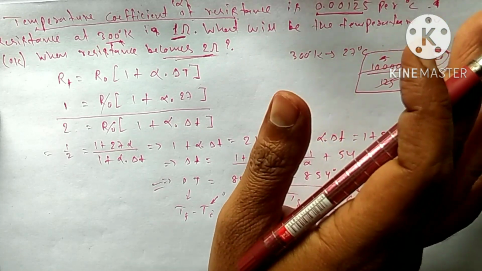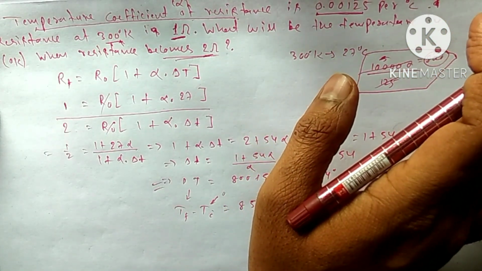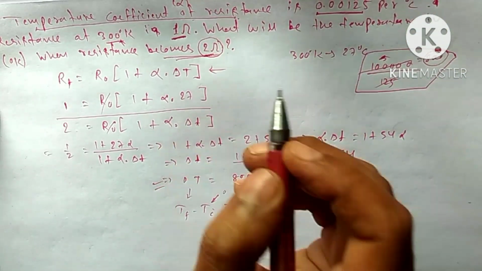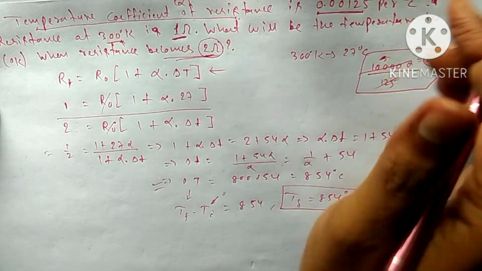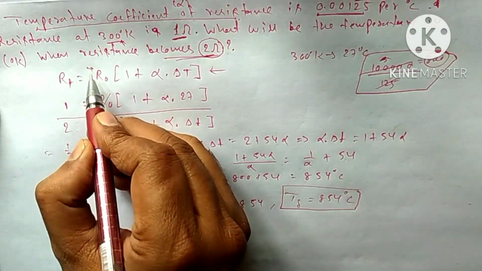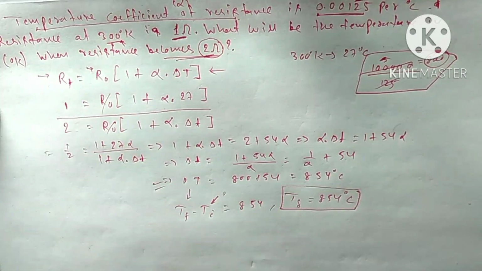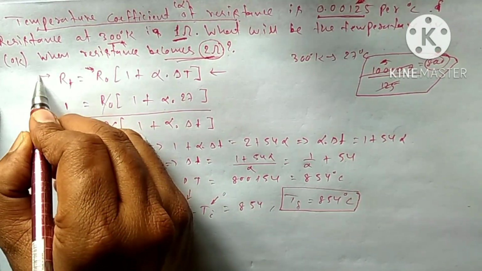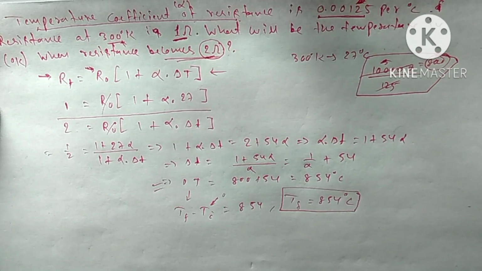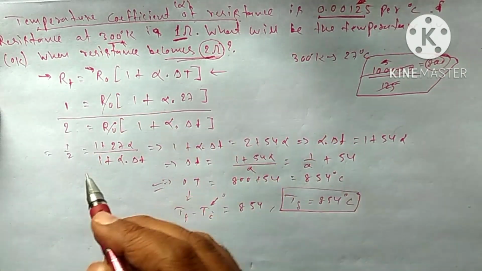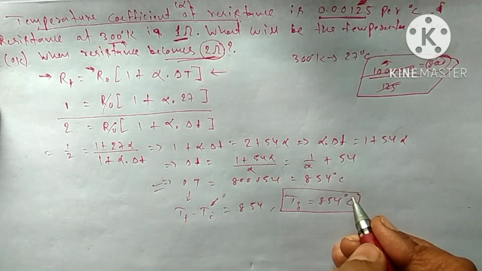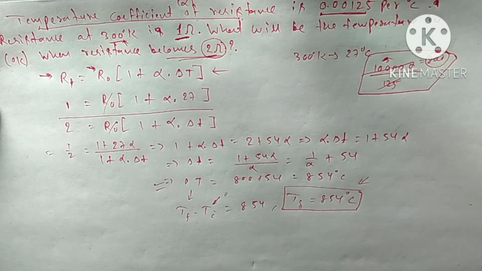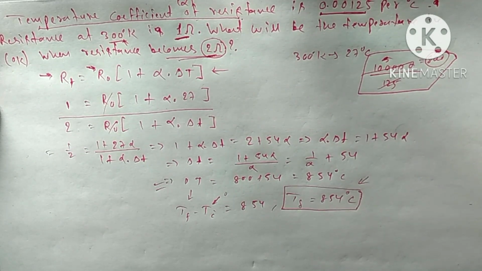We can simply find the final temperature by the formula relating the initial resistance and final resistance, the resistance at 0 degree and the resistance at t degree. By dividing we get the final answer, 854 degree Celsius.